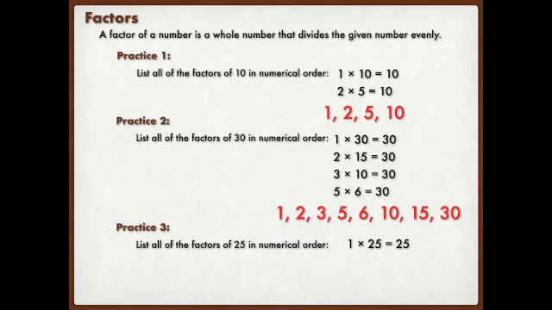Well, we know 5 times 5 can go into 25. Can anything else go into 25? Well, we already see 5 and 5 is an equal number there, so most likely no. So I don't have to repeat 5 twice. I can just say 1, 5, and then 25.